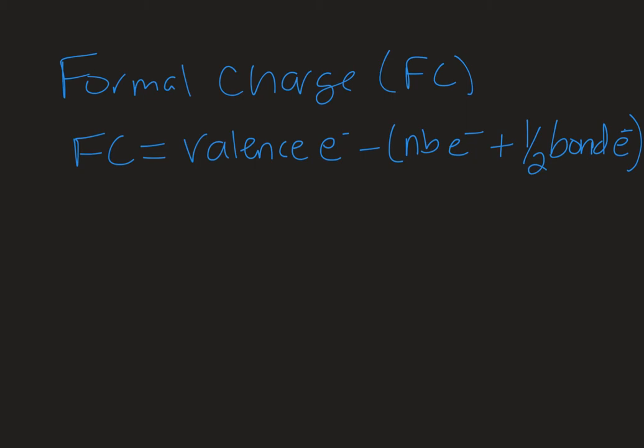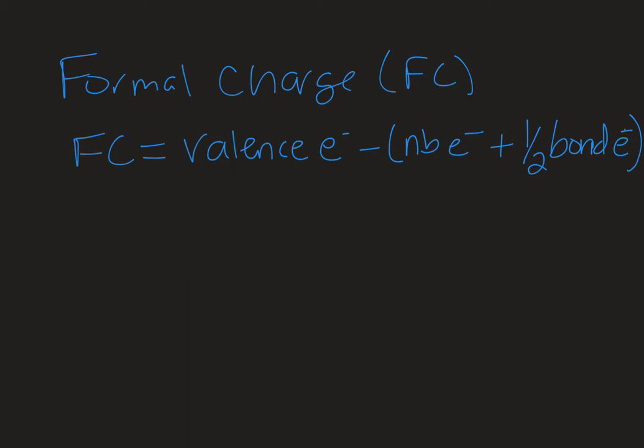So formal charge is sort of a bookkeeping of electrons in a molecule, where they're likely to reside. It does make some assumptions. It's not perfect, but it is really good at predicting reactivity of atoms and molecules. So the formula for formal charge is the number of valence electrons that atom has minus the combined non-bonding electrons plus 1/2 of the bonding electrons.